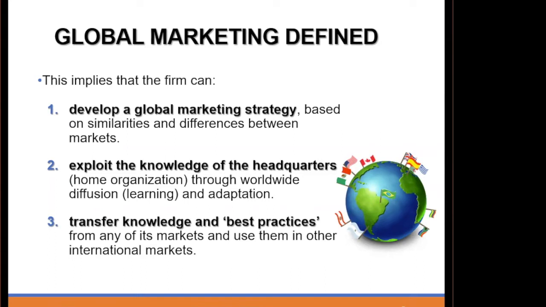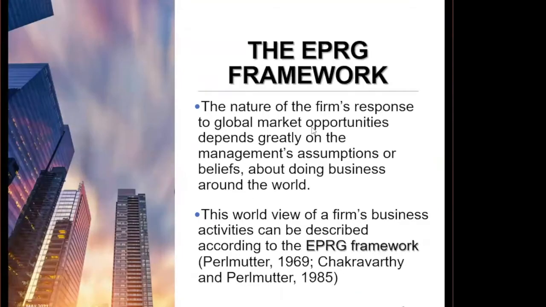And the best practices that work consistently well in different markets can also be repeated and replicated across other markets to ensure that the firm has a large chance of achieving success in its global marketing activities in these different worldwide locations. So these are the main implications of global marketing for the firm, right?